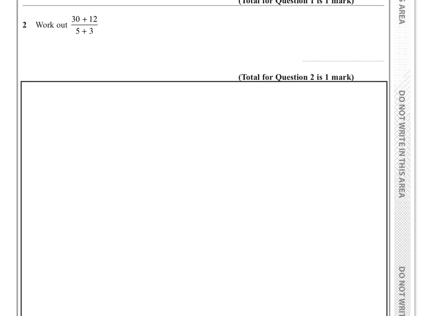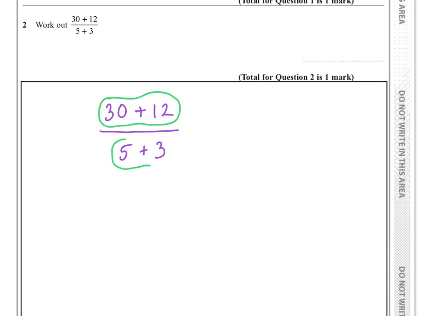Question 2. Work out 30 plus 12, all divided by 5 plus 3. Now, this is quite an important question here, because you have a fraction. Now, when you have the division sign, these two dots here represent numbers.